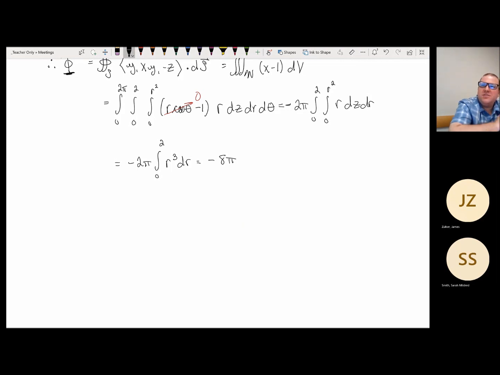But r doesn't depend on theta, and theta is not dependent on anything. If this wasn't r squared, if this was like 5, then the order doesn't matter because none of them depend on the others.